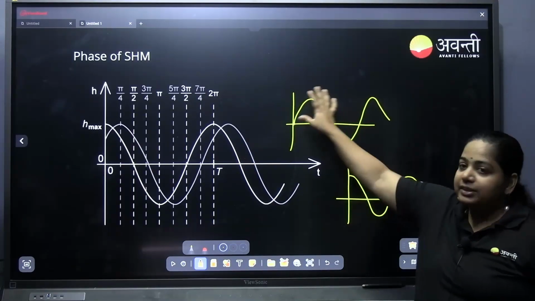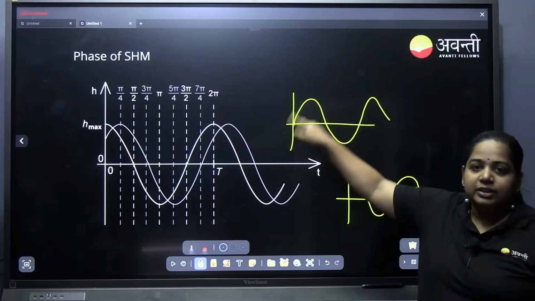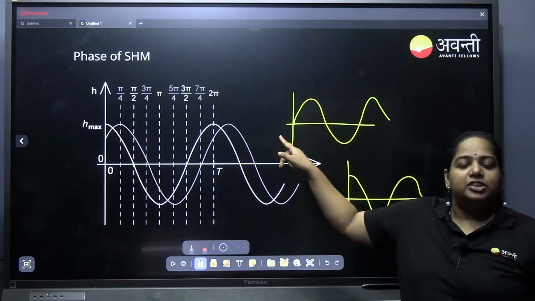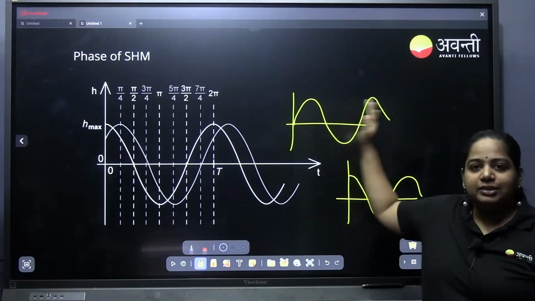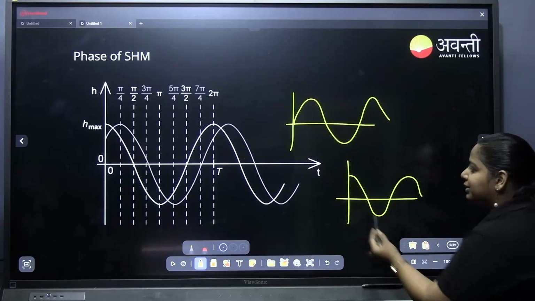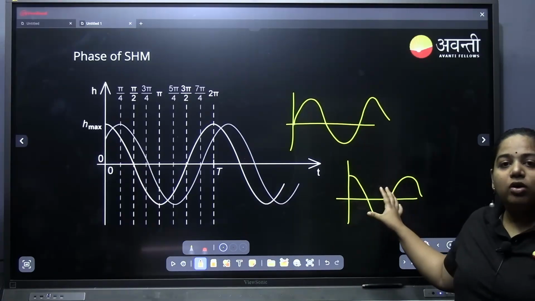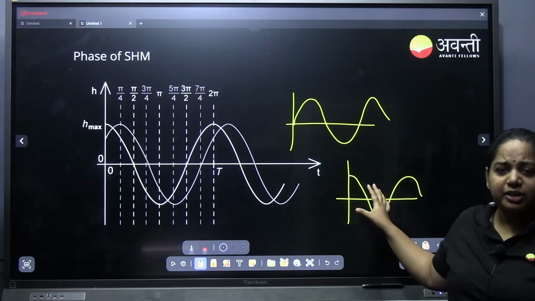So this is the difference between phase. If you are writing this expression, this is sine function. This will be a sin omega t if you are describing this motion. If you are describing this motion, it will be cos function, so a cos omega t. Understood?